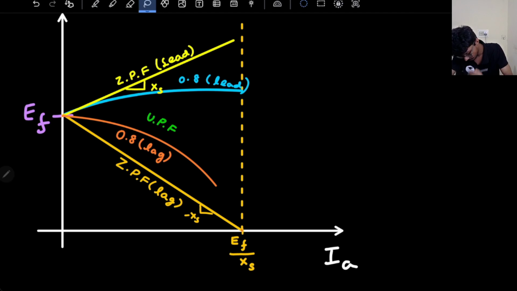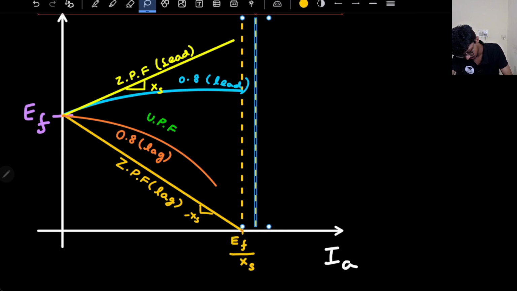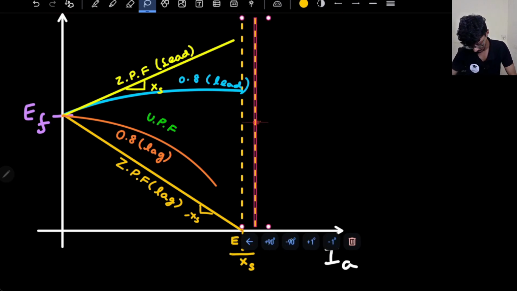Okay, and let me draw a graph here as well. This is Ef, and let me draw another line here. Let me rotate this by minus 90.